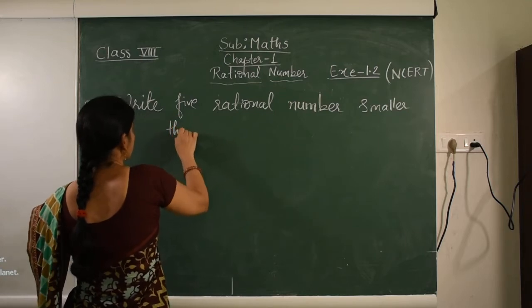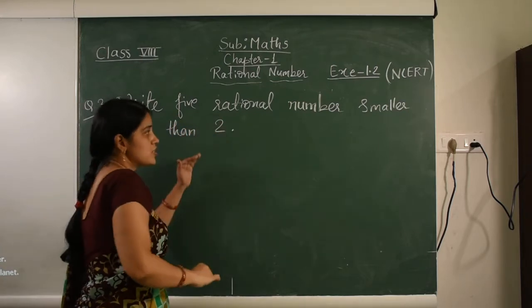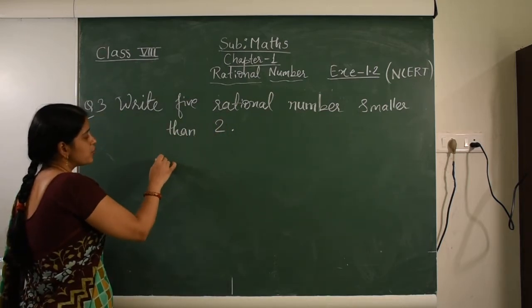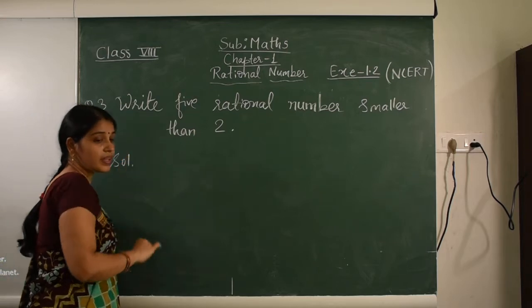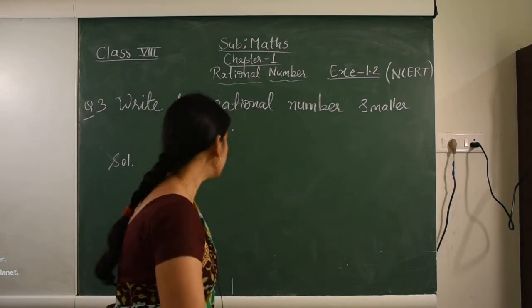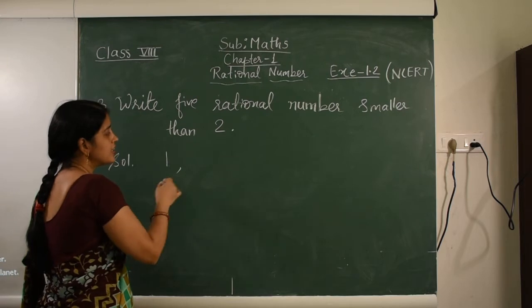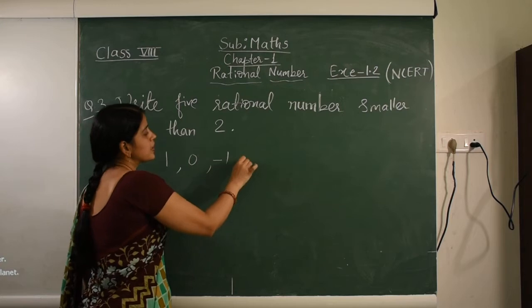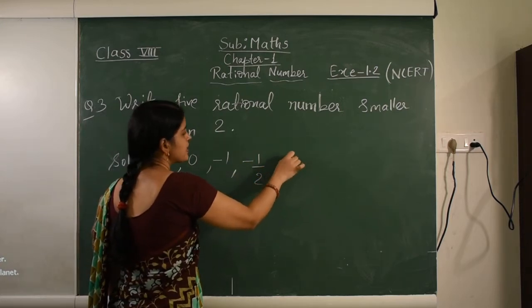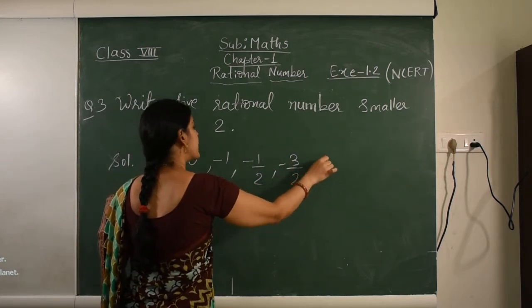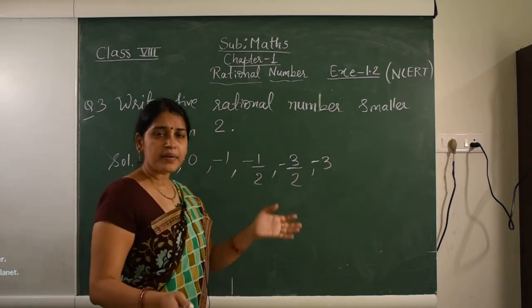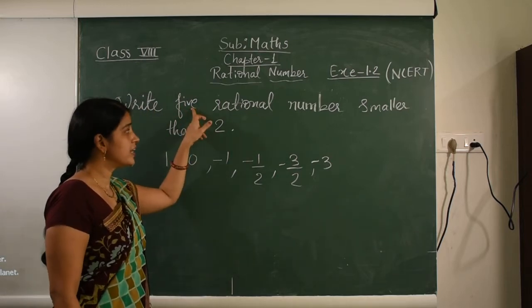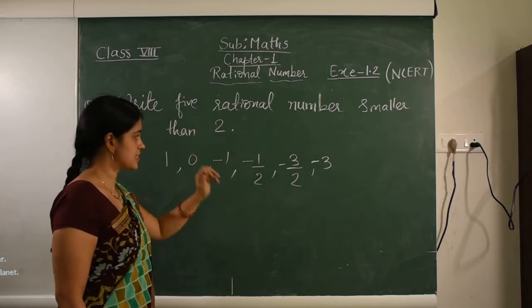So we know that less than 2 is 1, then 0 is also less than 2, then minus 1, minus half, minus 3 upon 2, minus 3 and so on. There are many rational numbers which are smaller than 2. You can take any 5 rational numbers.